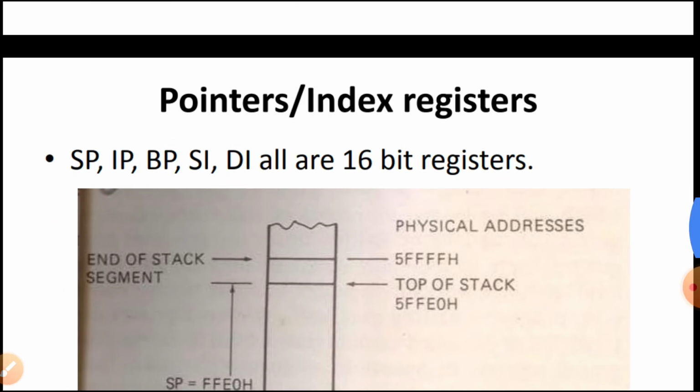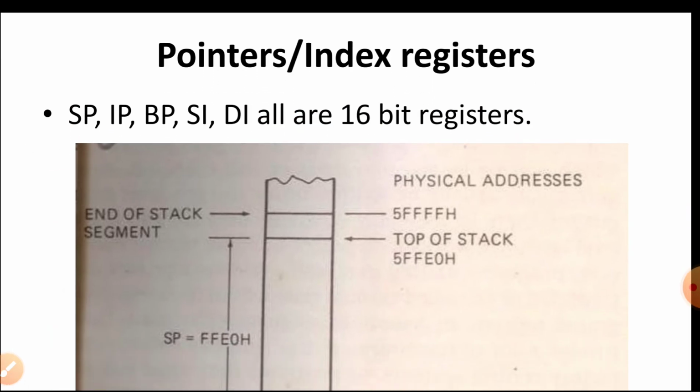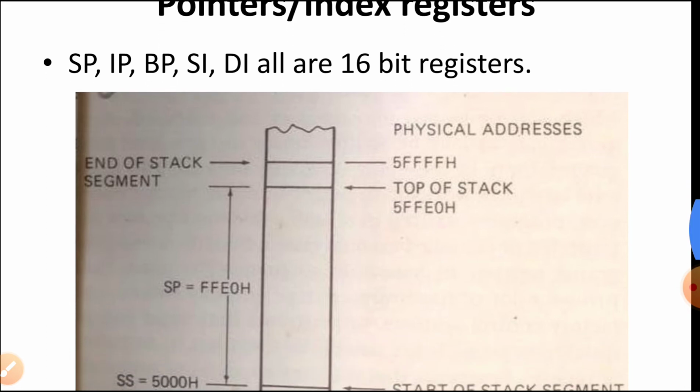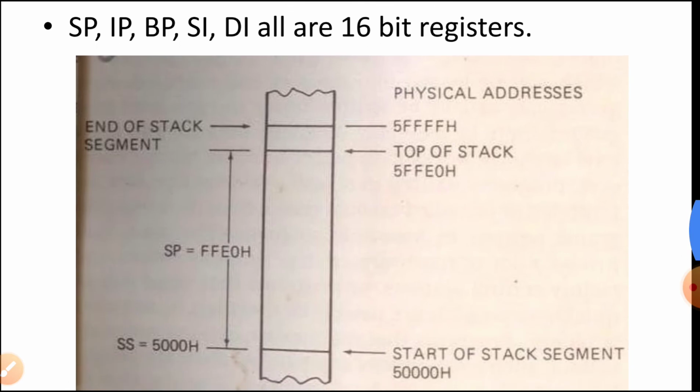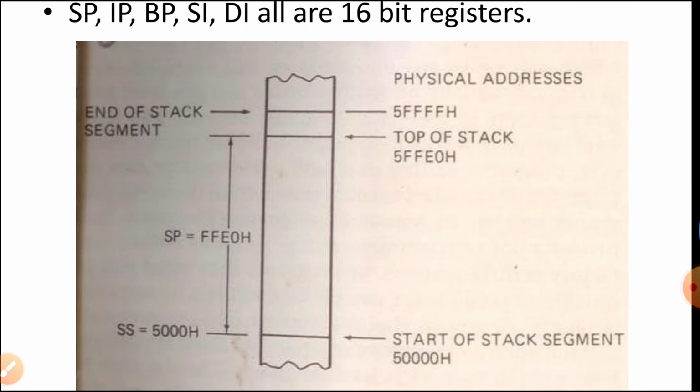Now, let us discuss the pointers and the index registers, that is stack pointer, instruction pointer, base pointer, source index, and destination index. All these are 16-bit registers, and their purpose is to provide the offset address from the segment register. An example has been shown related to the stack.